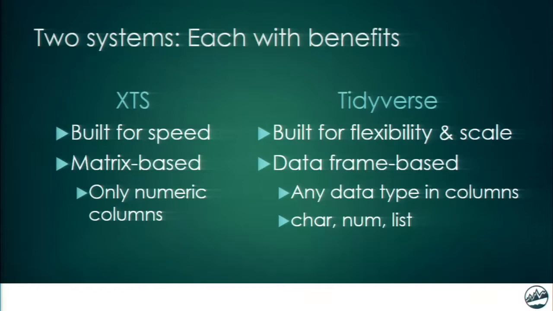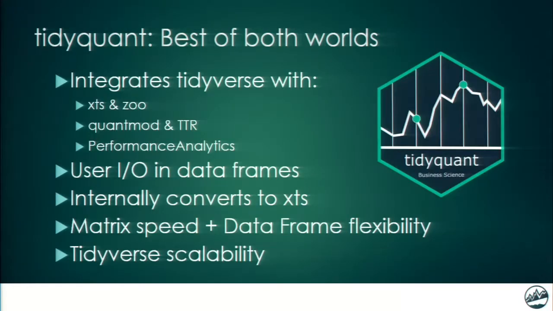It's a little bit slower, but it's flexible, and it's built for scale. It can handle any types of data in the columns, which allows us to work with what's called the long format data frame. Basically, it allows you to group by subsets of the data and apply functions to those groups. That's one of the main advantages.